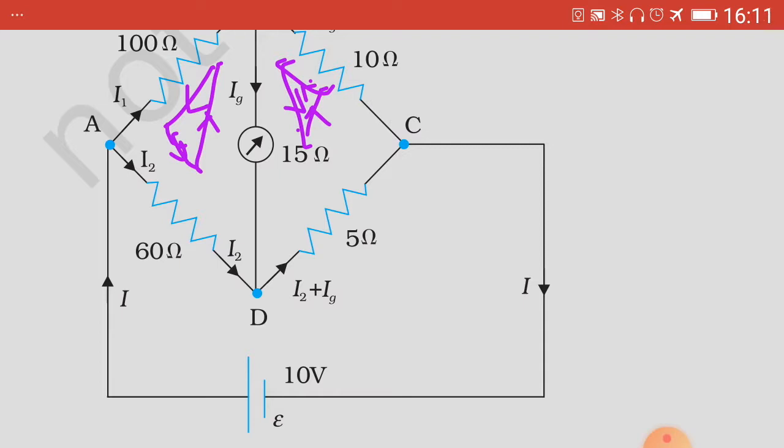So in going from A to D, we get I2 into 60. So 60 I2 along the same direction. So it will be minus sign, minus 60 I2. Now in going from D to C, it will be 5 into bracket I2 plus Ig bracket over. So here also in the same direction.